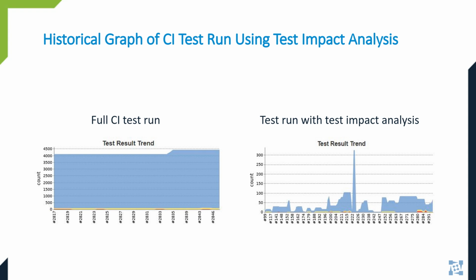We actually do this ourselves. When we implemented test impact analysis, we went from running something like up to 4,500 tests in our builds. And with test impact analysis, we're able to bring that down. It looks like there's a peak of 300, but a good portion of the builds are actually staying under 150 tests.